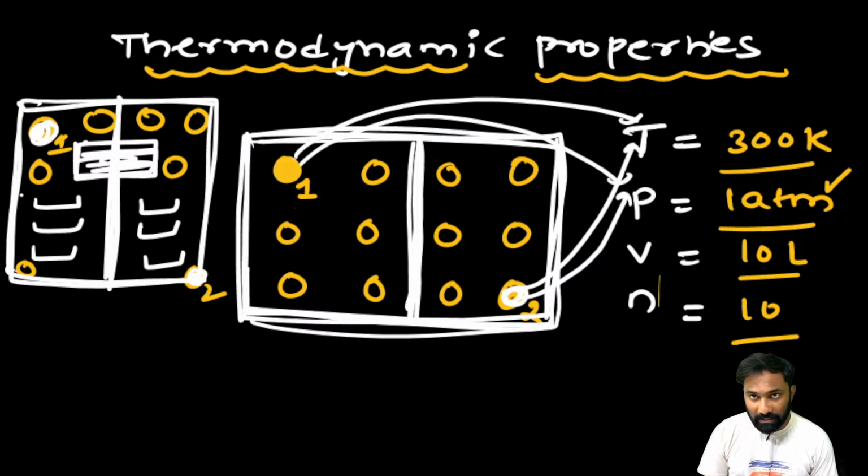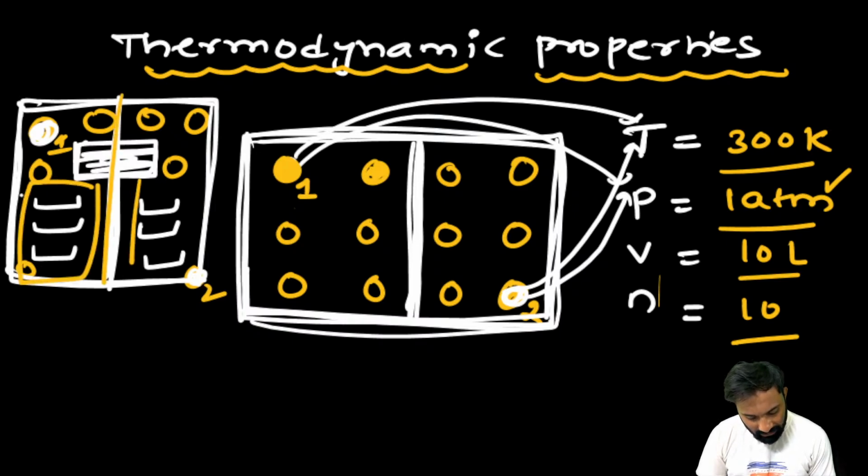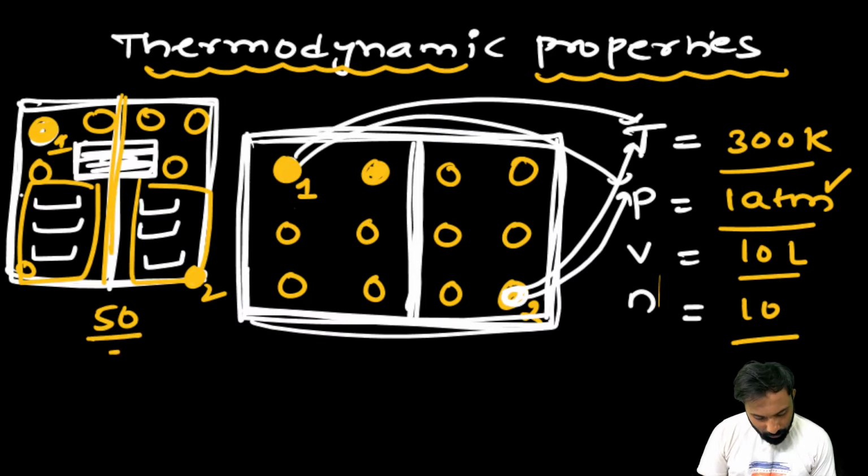After making the partition, half of the gas particles are on one side and the other half are on the other side, right? Here also, if I make the partition, half of the students will be on one side and half on the other. Let's suppose before, the classroom strength is 50. After I make the partition and divide the classroom, what will happen? 25 will be on one side and 25 on the other side.